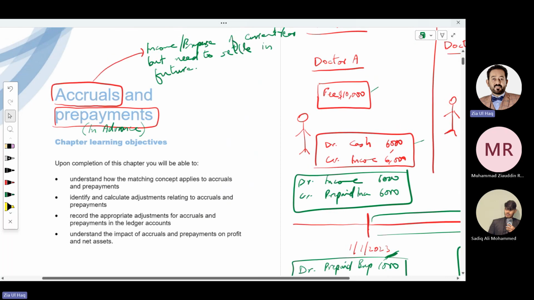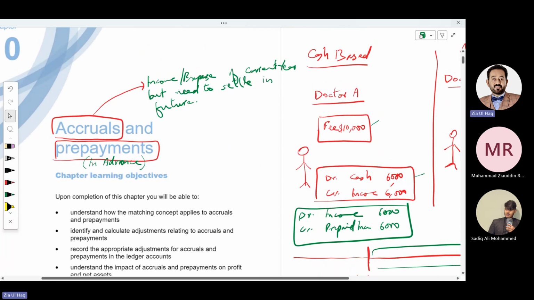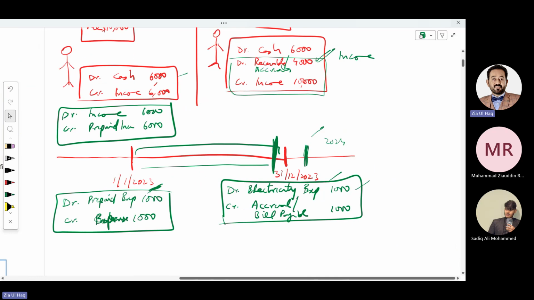So what is accrual? Relating to current year, but will be settled in future. Meaning expenses of the current year, but we will pay in future. If we are going to pay in future, that is our liability. So we will credit the accruals liability. This expense will be recorded in the profit and loss account, and this accrual will be recorded in the statement of financial position as a liability.